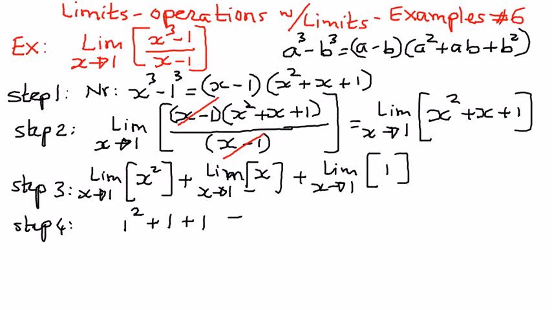So therefore 1 squared is 1 plus 1 plus 1, which is going to be equal to 3. So when we evaluate this limit, x cubed minus 1 divided by x minus 1 as x approaches 1, the value of that limit is going to be equal to 3. So that is the way we want to use the operations of limits to be able to solve this problem.